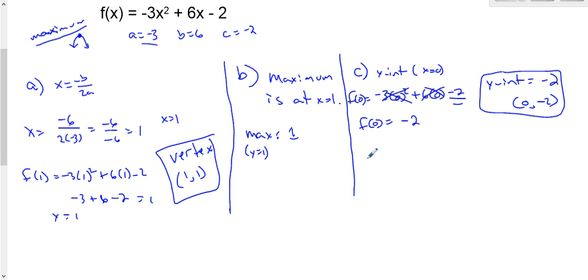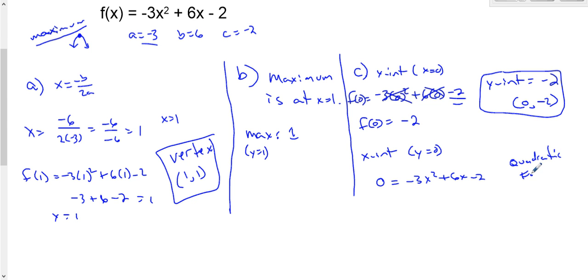Now for my x-intercept, that's when y is equal to 0, which means 0 is going to equal negative 3x squared plus 6x minus 2. In this case, we could either try to factor this quadratic, or we could just use the quadratic formula.